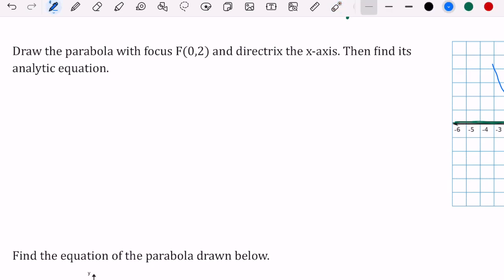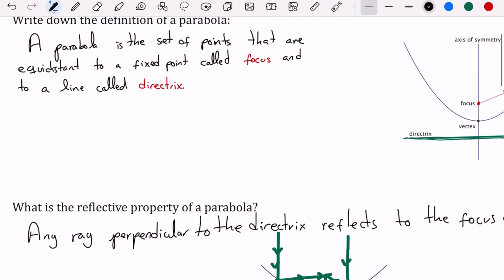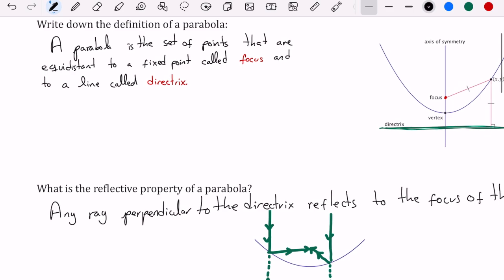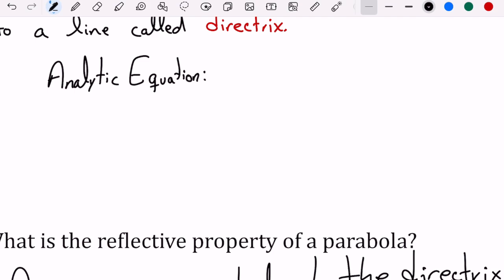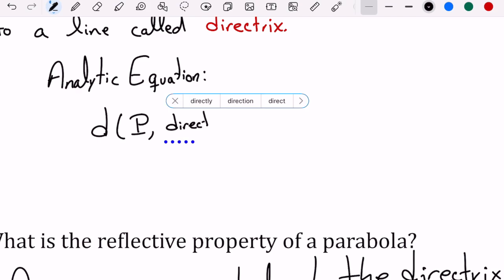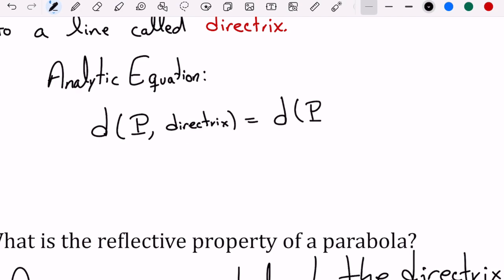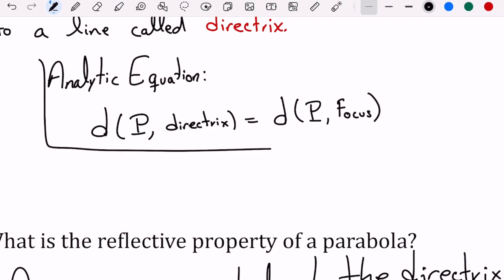The analytic equation arises from the distance from any point P to the directrix being the same as the distance from the point P to the focus. So a parabola is the set of points that satisfy this equation, the analytic equation.